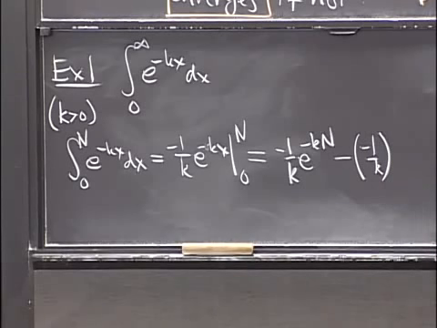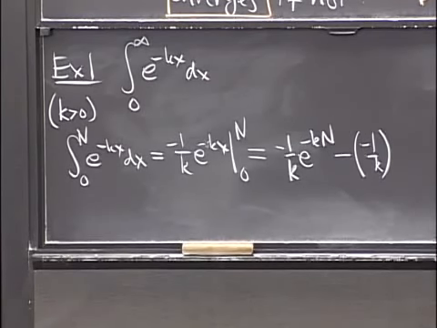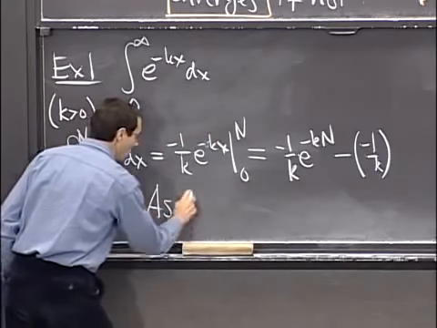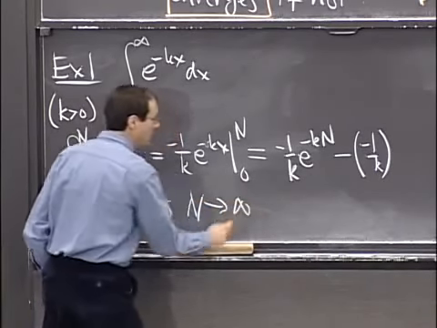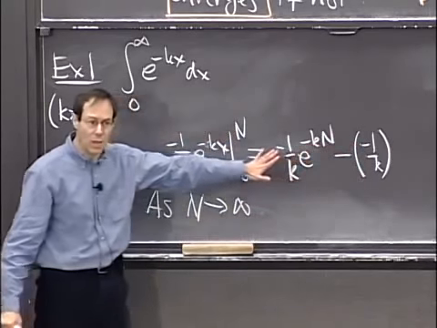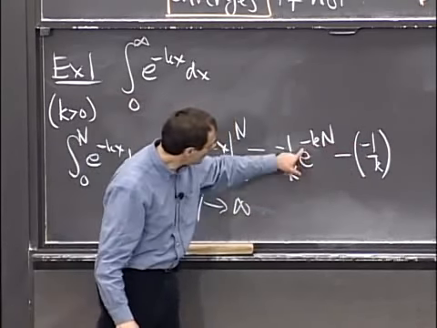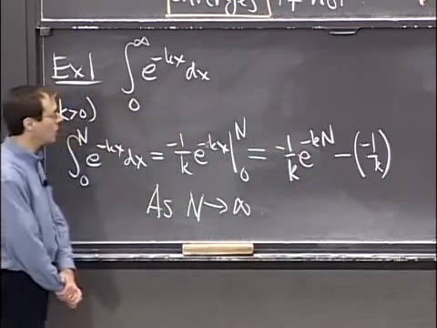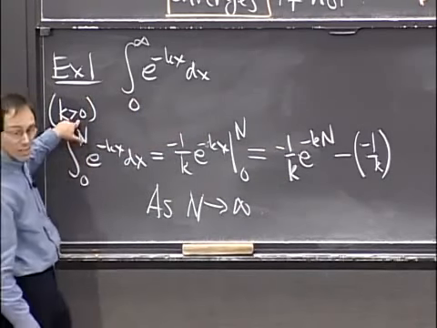And now we have to think about what happens as n goes to infinity. So as n goes to infinity, the second term here stays unchanged, but the first term is e to some negative power, and the exponent is getting larger and larger. That's because k is positive here.